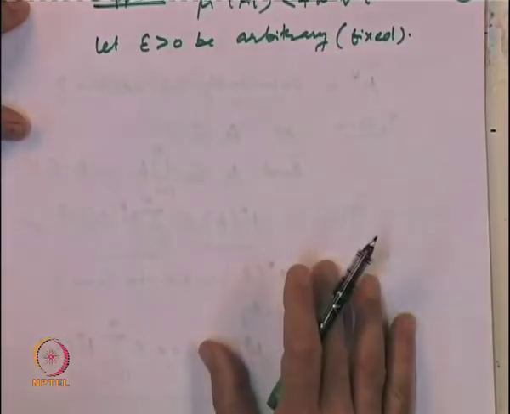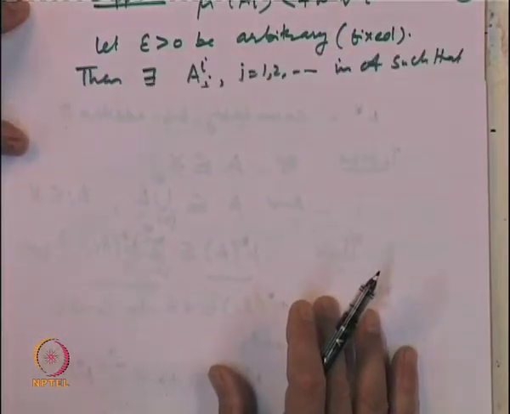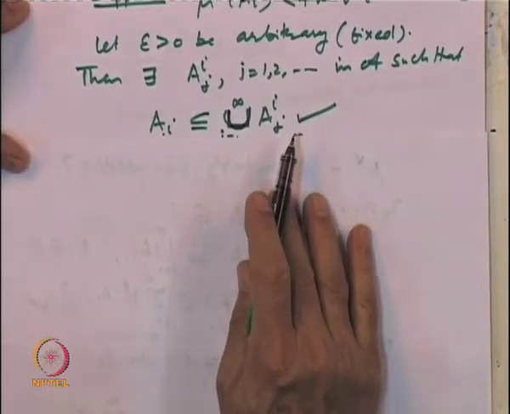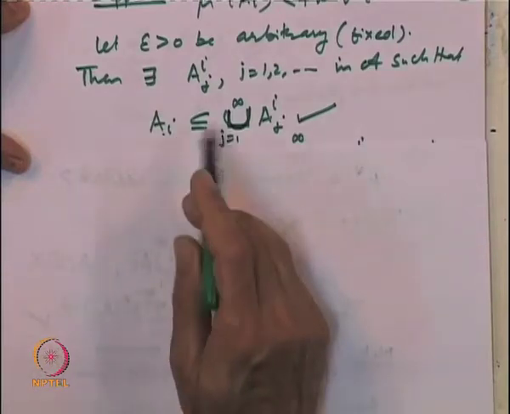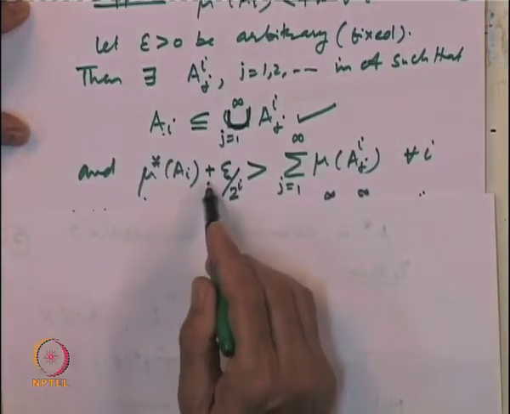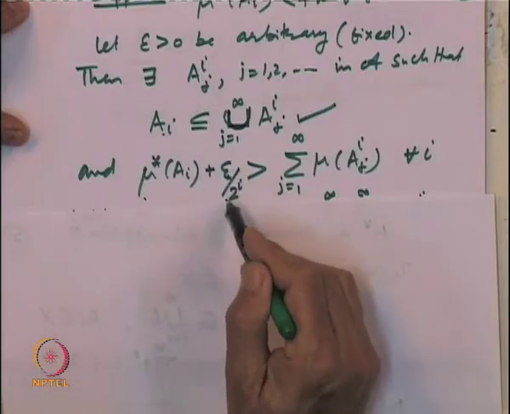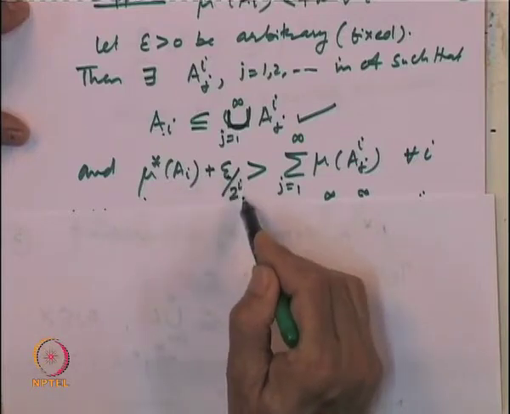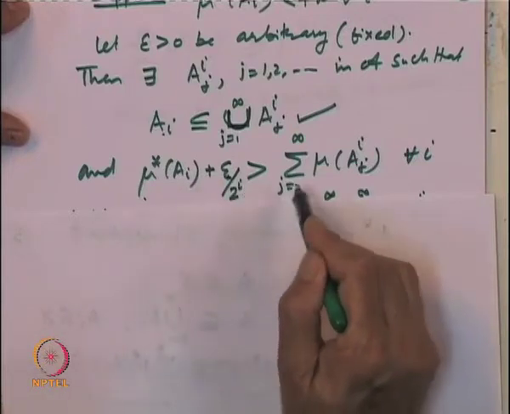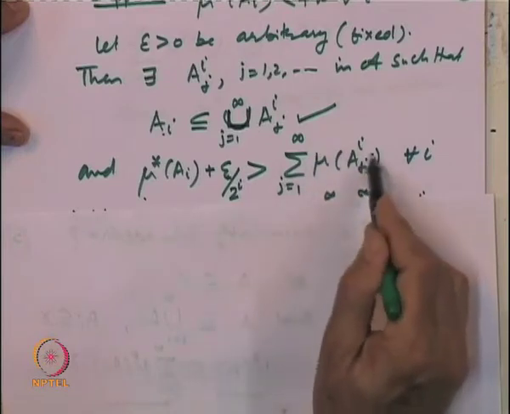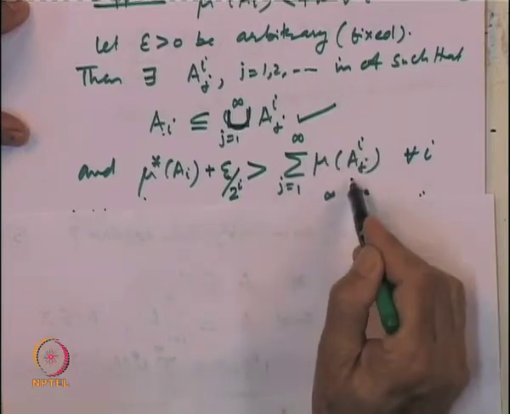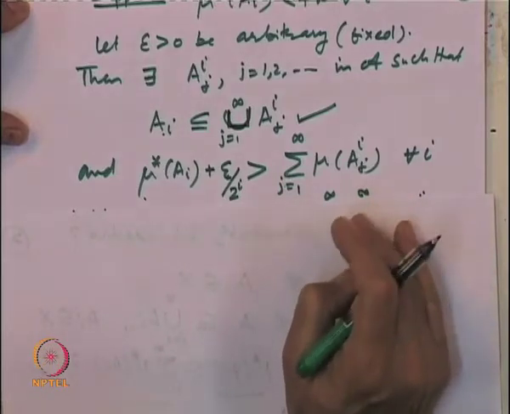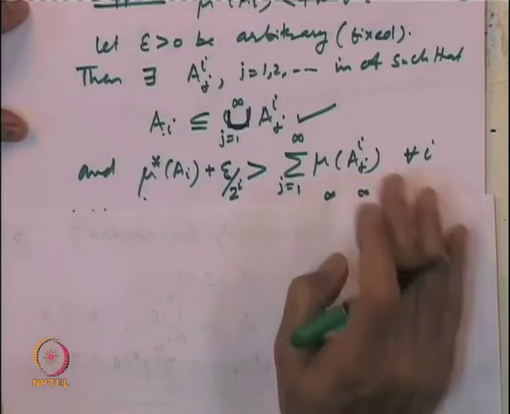So, given epsilon bigger than 0 arbitrary, we can find a covering A_ij of the set A_i, such that mu star of A_i plus this small number, which depends on i, the stage at which you are doing it, epsilon divided by 2 to the power i, is bigger than the approximate sizes over which you are taking the infimum. So, once again the property of the infimum being a real number is used here, nothing more than that.